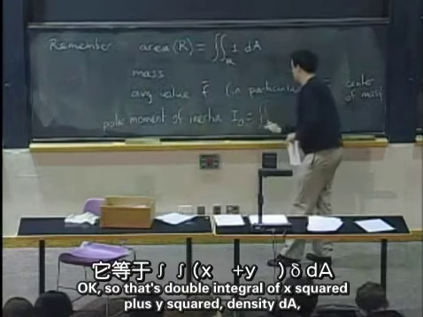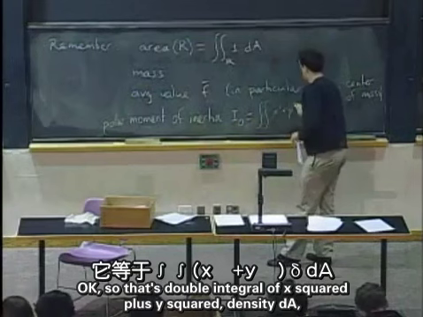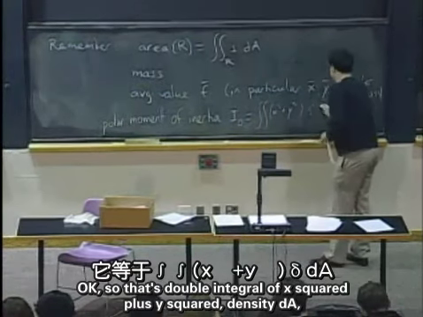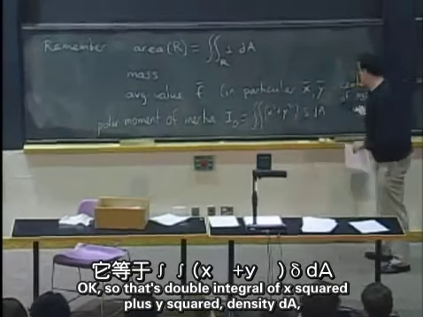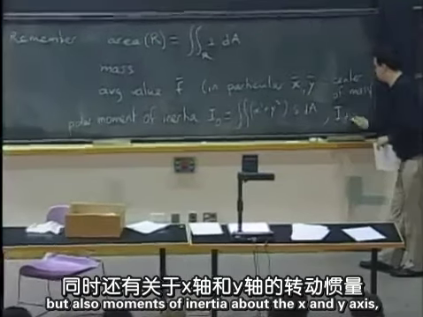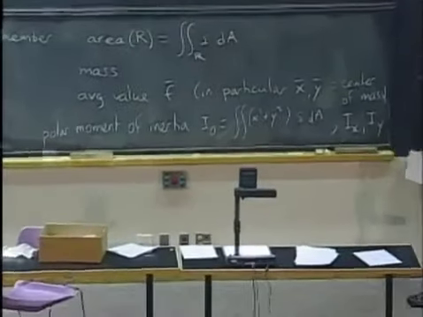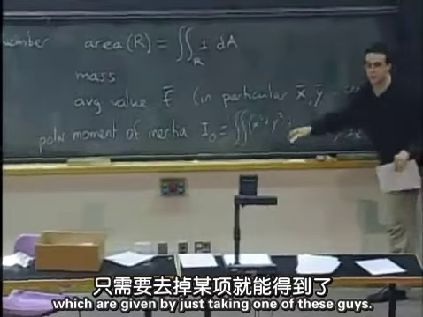Okay, so that's the double integral of x squared plus y squared times density dA, but also moments of inertia about the x and y axes, which are given by just taking one of these terms.